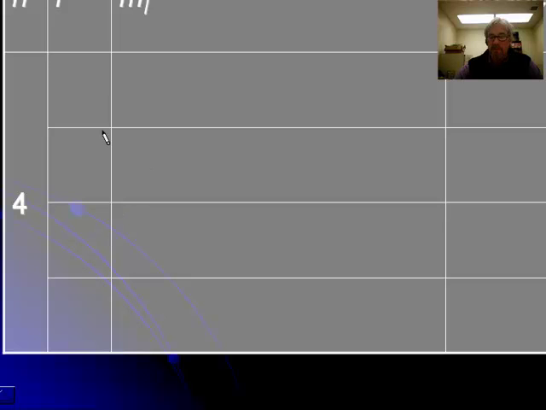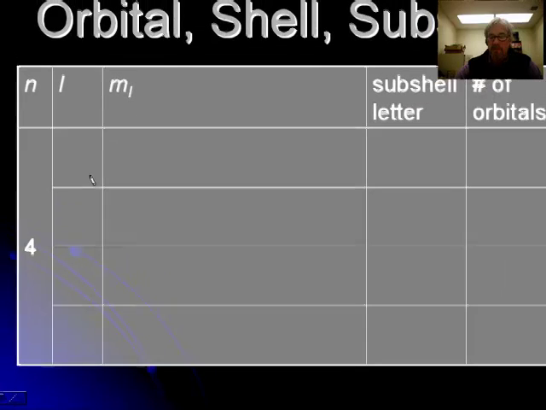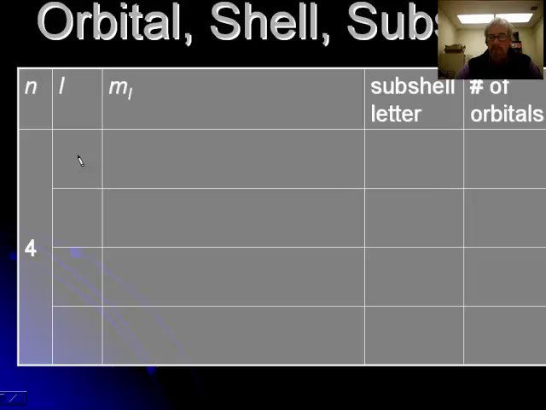If n is 4, then you could have 0, 1, 2, or 3 for values of L. That means you can have an S, a P, a D, or an F sublevel. M sub L for L equals 0 could only be 0, so that's one orbital. And for P's, we saw minus 1, 0, and plus 1 translates to 3 orbitals.